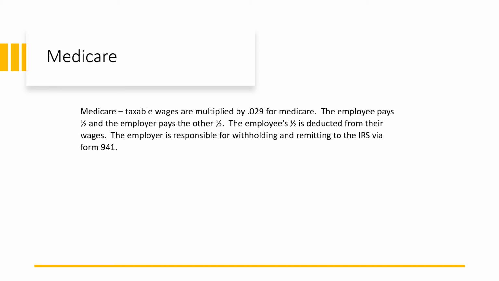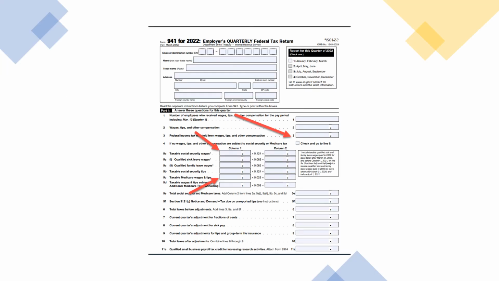The employee's half is deducted from their wages. The employer is responsible for withholding and remitting to the IRS via Form 941. This is the 941 form where the federal withholdings, Social Security, and Medicare are filed on a quarterly basis.